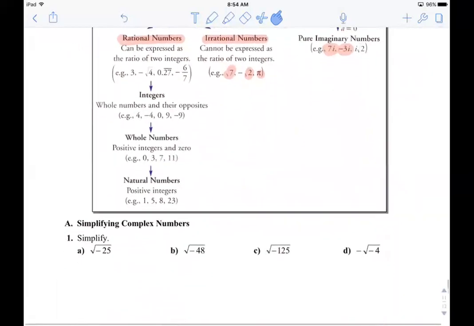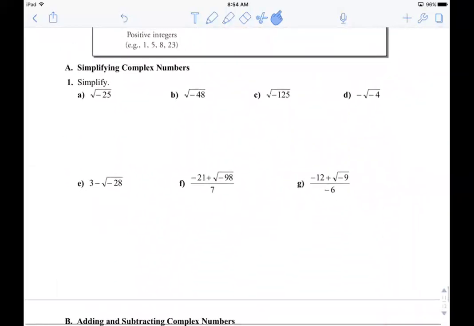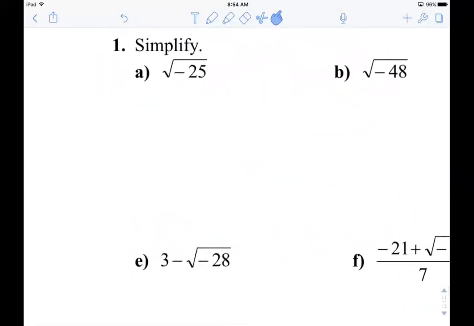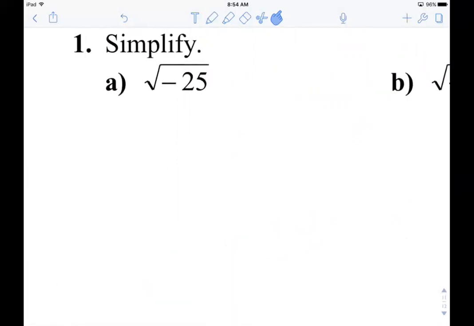So I'll do a few of these for you now. And we're going to actually just build on a lot of the same skills that we used in our previous lesson. So for example, the square root of -25 is what we're doing here. Well, I'm going to do my trick that I used in my previous lesson. I'm going to break -25 up into 2 separate radicals.